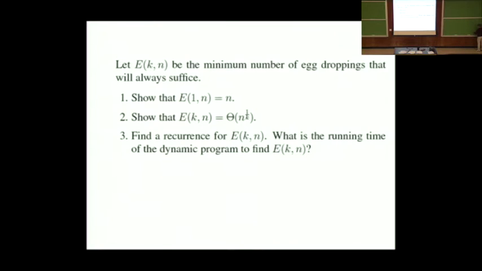E of how many eggs? K. I've got K eggs, and N minus F floors left. Does this look right now? Is this the cost of finishing the job? If it bounced, I've still got N minus F floors left to do, and I've still got K eggs to do it in, right?